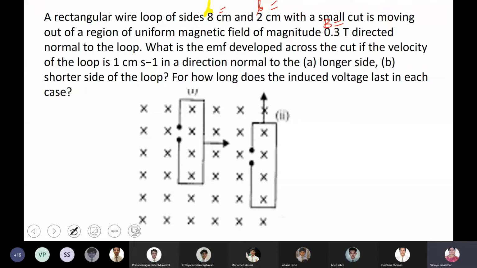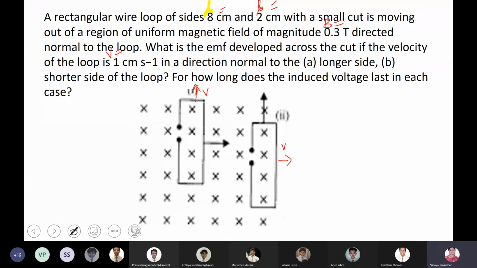What is the EMF developed across the cut if the loop is moving with a velocity of 1 centimeter per second in a direction V normal to the longest side and V normal to the shorter side? How long does the induced voltage last in each case?